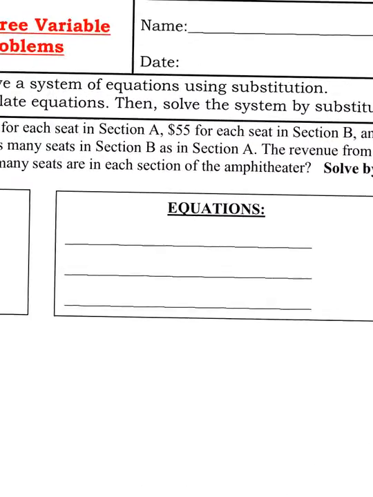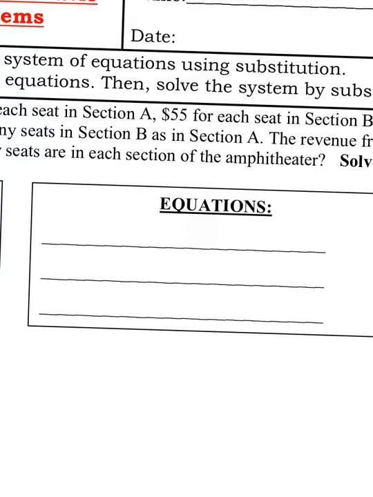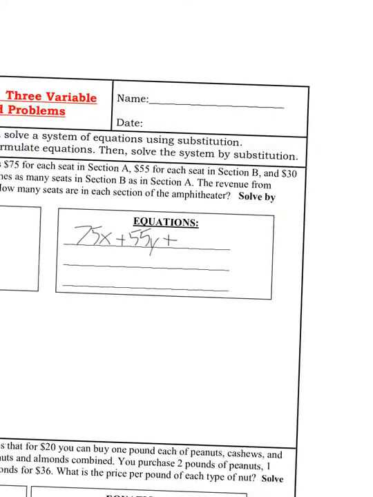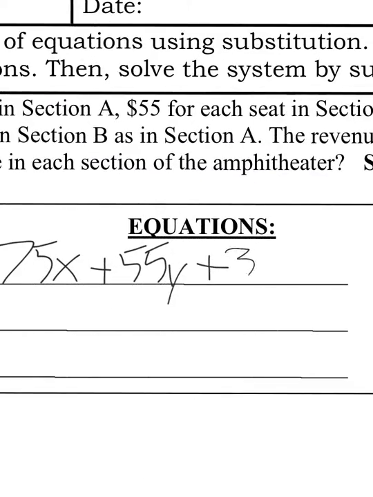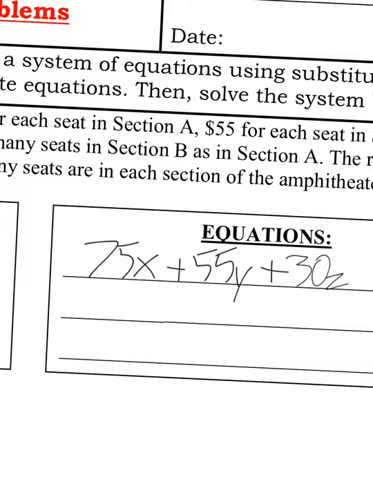You got $75 for each seat in section A, so I'm going to write 75x, 55 for B, so 55y, and then the lawn seat cost you $30, so plus 30z. So these are all dollar amounts, right?